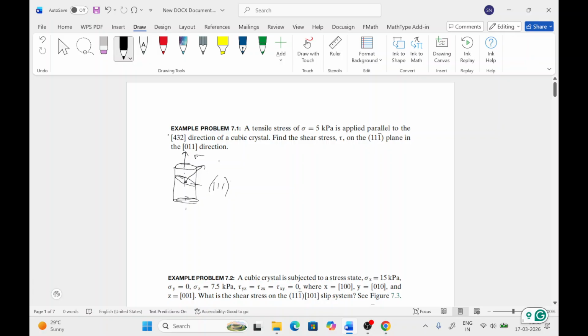This is the slip normal, and the slip direction will be on the plane.